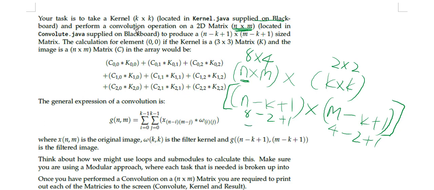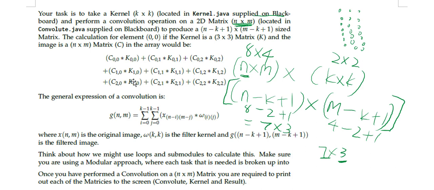So we are expected to get 7 times 4 minus 2 is 2 plus 1 is 3. We are expected to get a 7 times 3 matrix. A 7 times 3 matrix means 7 rows and 3 columns. So it's like 1, 2, 3, 4, 5, 6, 7, and then we have 3 columns. So far, can you understand? This is what the expected result would be.